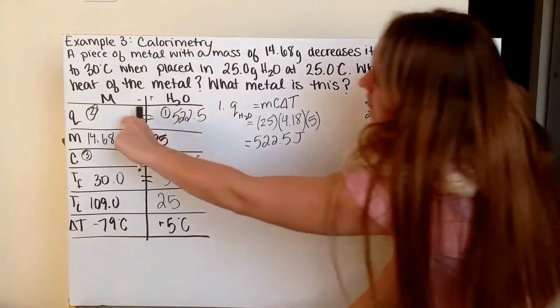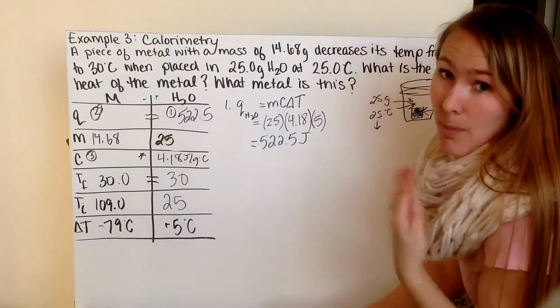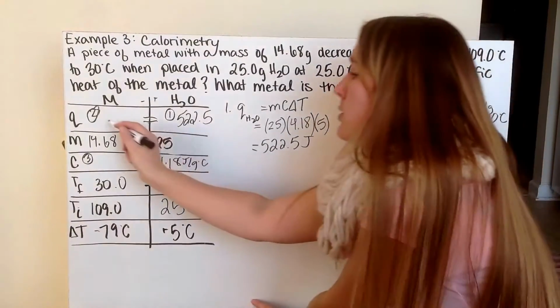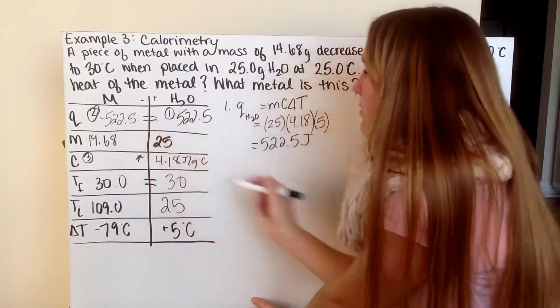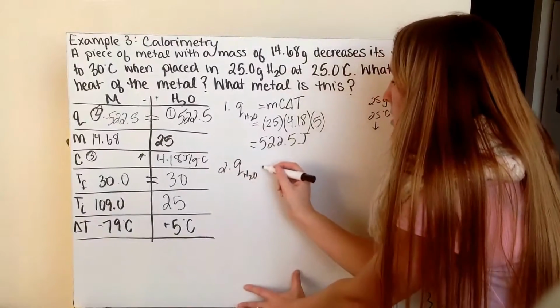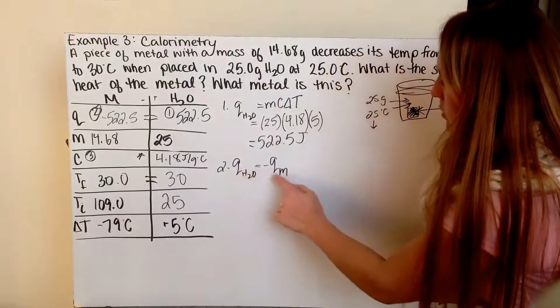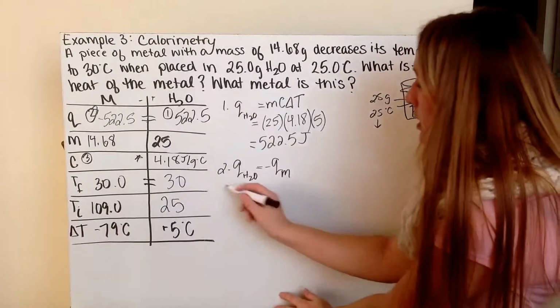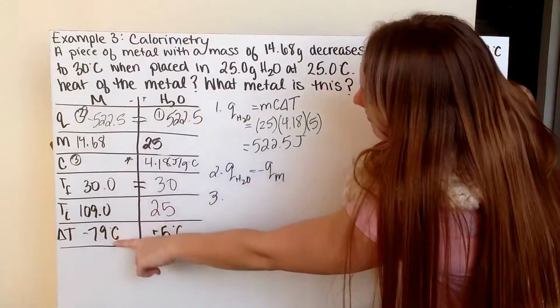That's equal to the Q of my metal, except the Q of my metal is going to be negative. My metal lost heat. So this is negative 522.5. So step 2, Q of my water equals negative Q of my metal, 522.